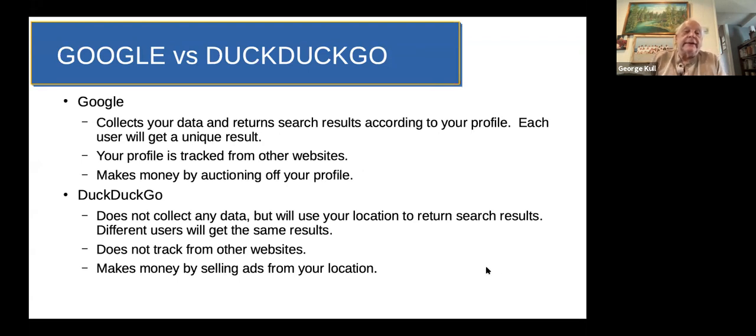So that's why, for example, if you do a lot of searches on Amazon or Walmart or any of those other locations, and let's say you're looking for coffee pots, all of a sudden, when you go to Google and type in coffee, it'll show you all the different coffee pots that are available.